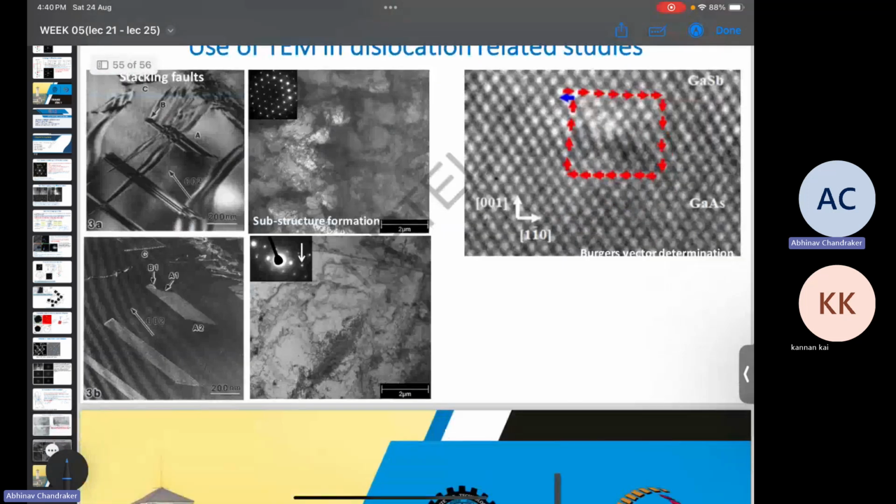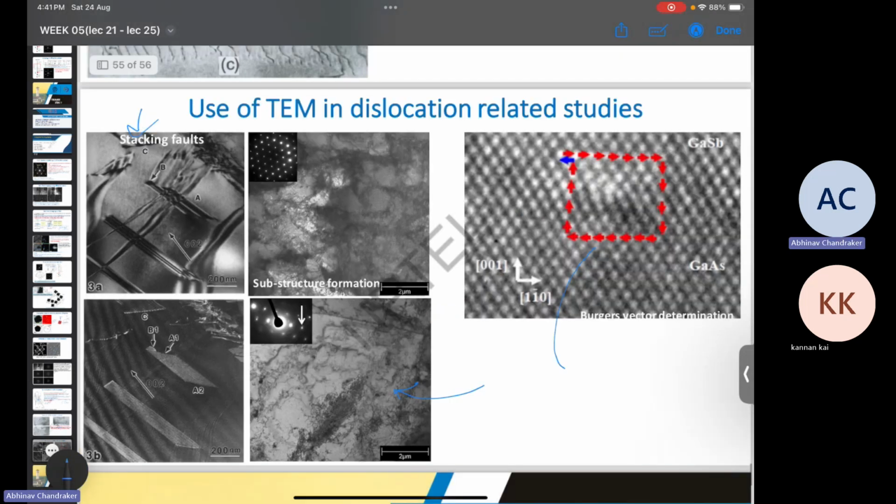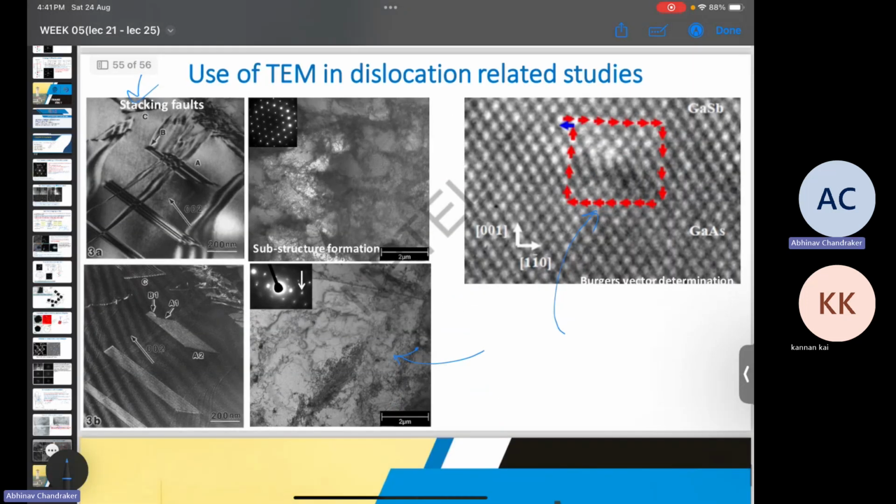So from this you can get information related to how many dislocations are there, what is the nature of the dislocations, what are their Burgers vectors, how are they arranged, as well as other defects like stacking faults, which are 2D defects. Then here also, this is I think an HRTEM, high resolution TEM image, where you can see the specific atomic planes, specific atomic arrangement.